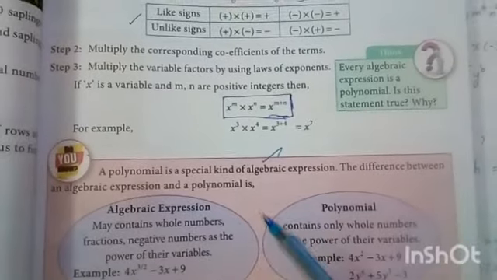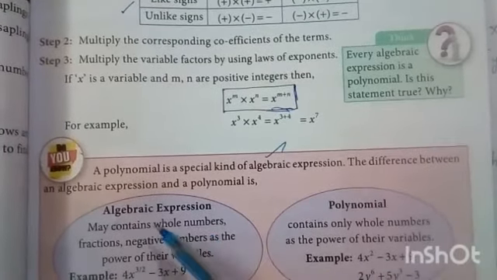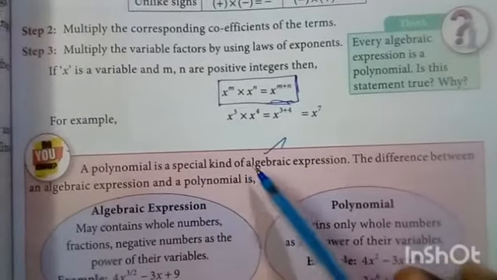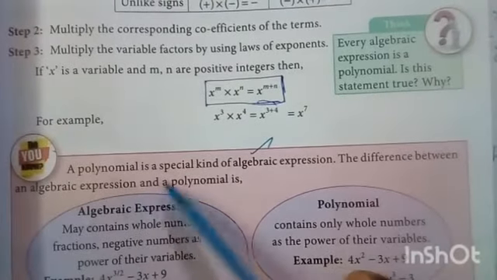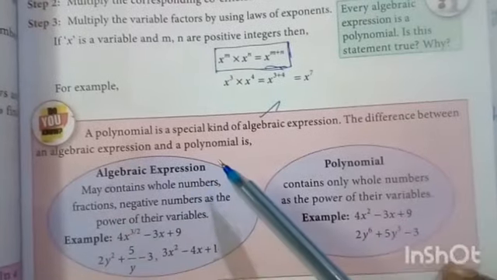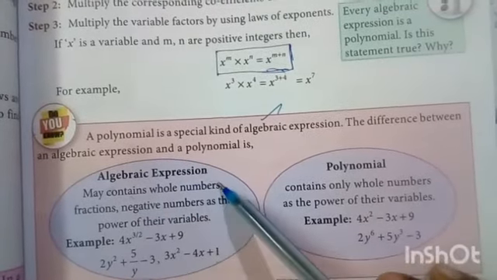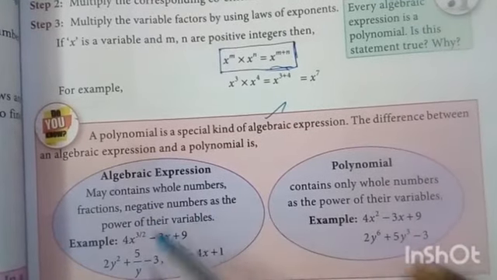Now we have to check algebraic expression and polynomial. What is the difference between an algebraic expression and a polynomial? A polynomial is a special kind of algebraic expression. First, listen about the algebraic expression. An algebraic expression may contain whole numbers, fractions, and negative numbers as the powers.